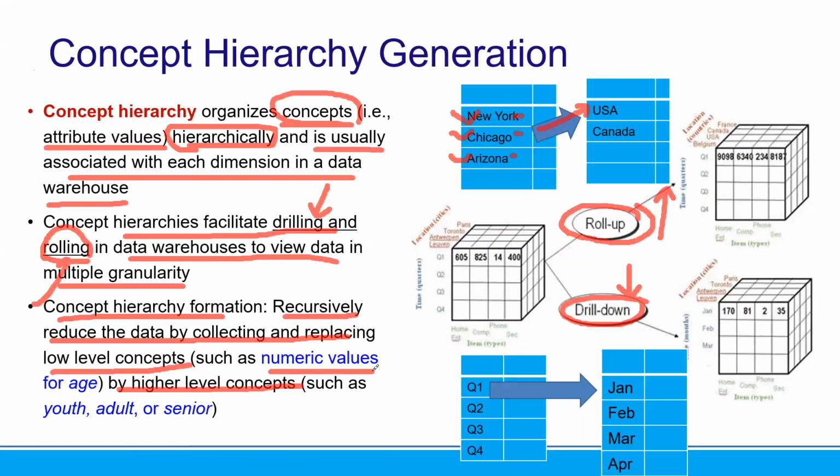We can represent it with the higher level. What is the higher level? Maybe we want to make the category youth, or the category adult, or the category senior. So this is the higher level. And the low level is the numerical value. There can be many examples for this concept hierarchy formation.